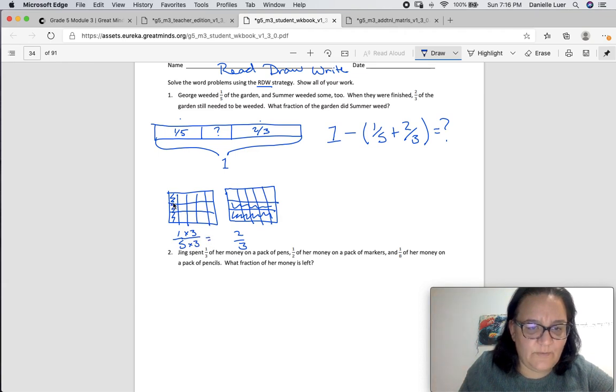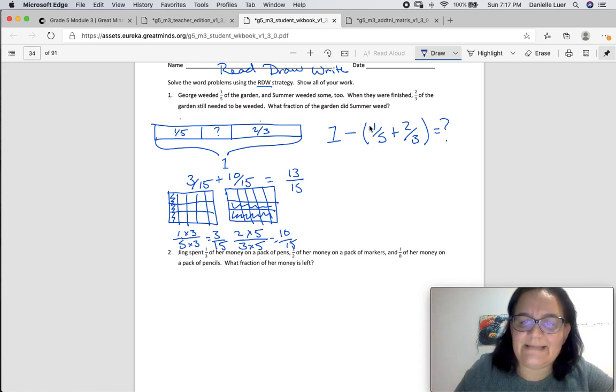And that gives me 1, 2, 3 out of 15 plus 1, 2, 3, 4, 5, 6, 7, 8, 9, 10 out of 15. And 3 15ths plus 10 15ths. So 3/15, let me write it here, 3/15 plus 10/15 equals 13/15.